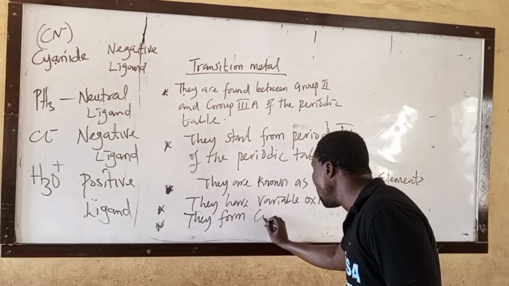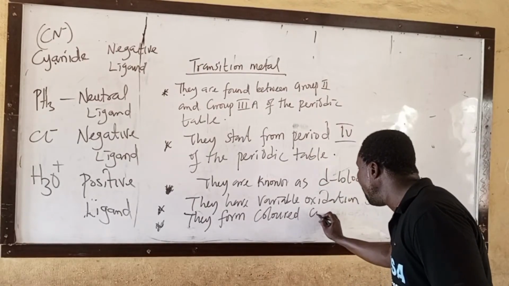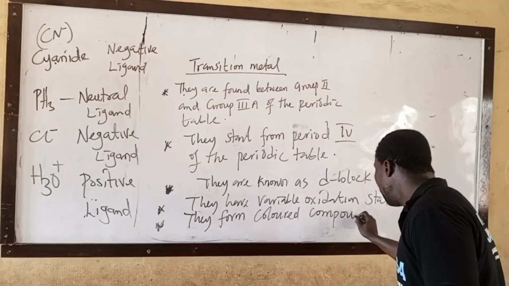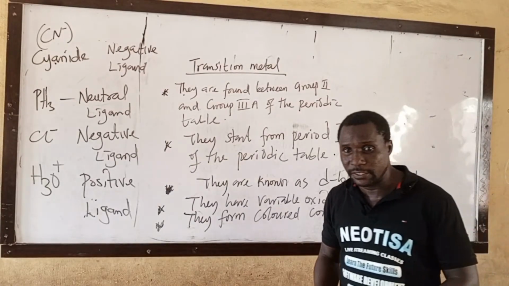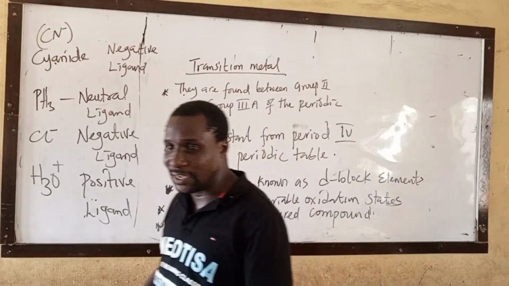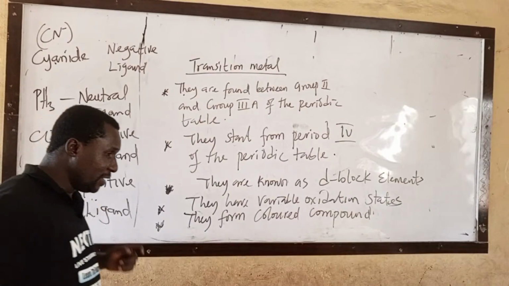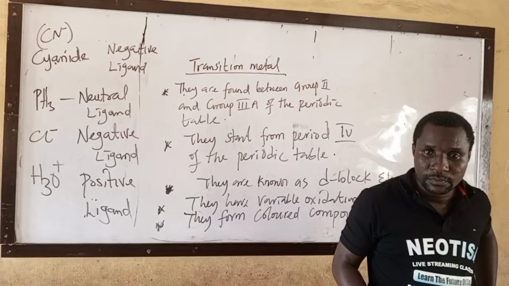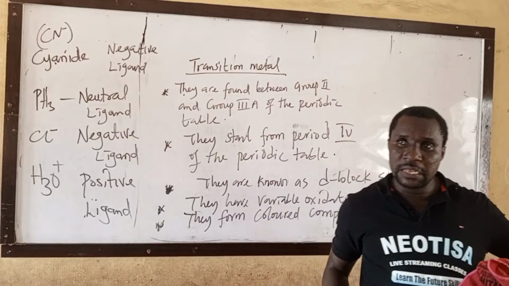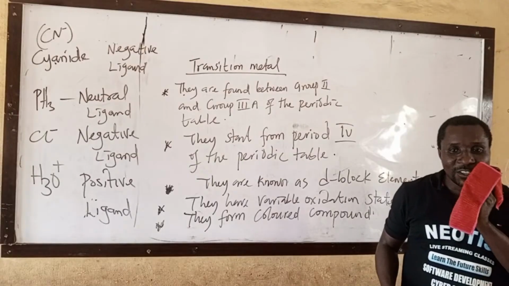They form colored compounds. I also form pigments. That's why they form colored compounds. So, they're also paramagnetic, but not all of them.